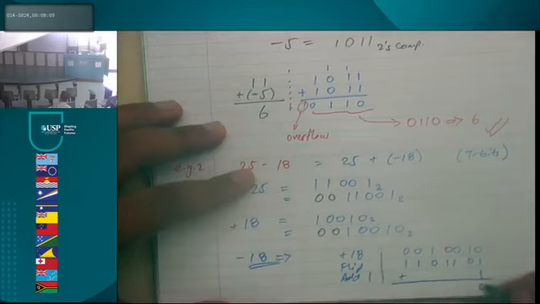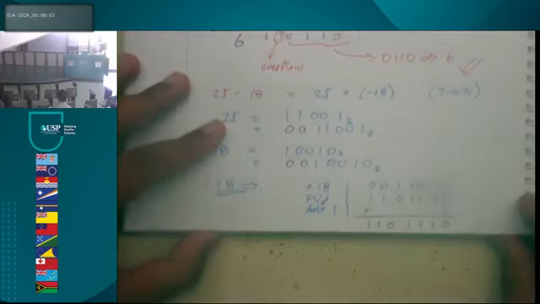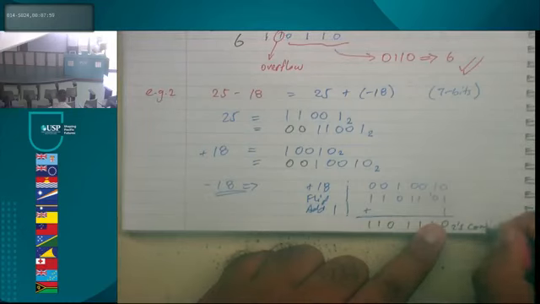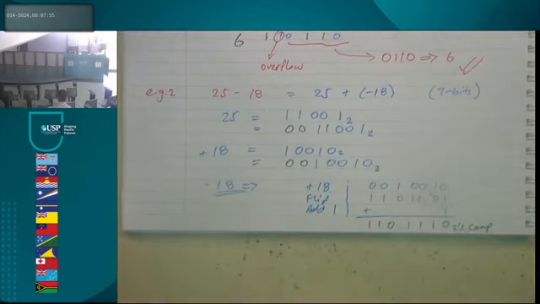One plus 1 is 10, giving 1101110. Okay, and that's in 2's complement. Okay, we all happy till there, right?